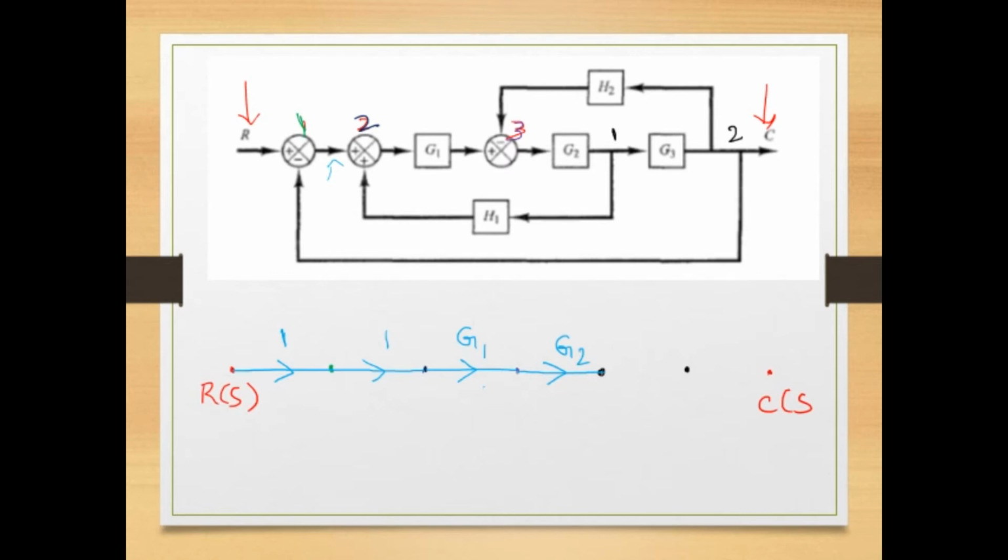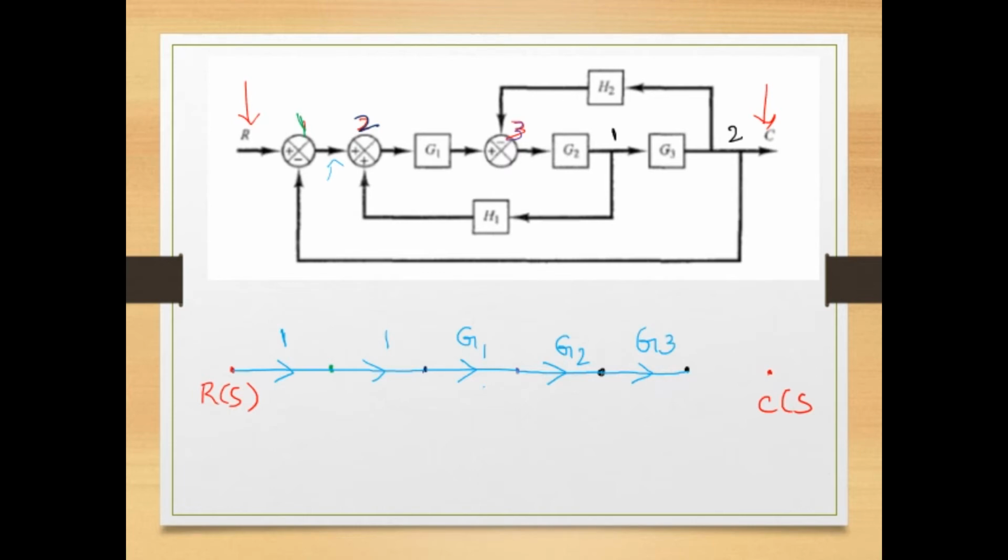Similarly, between the first takeoff point and the second takeoff point I have a block with the gain, that is the transfer function, which is G3. Okay, so again I represent it by a branch whose gain is G3.